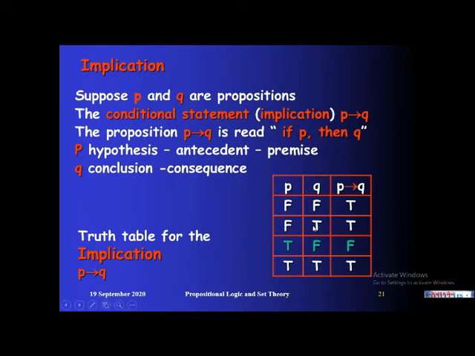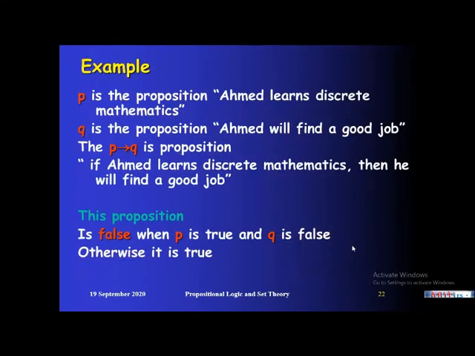Now, in order to understand the truth value of implication, we get a false compound statement only if the hypothesis is true and the conclusion is false. This is the only chance to get what? A false compound statement. The others are true.